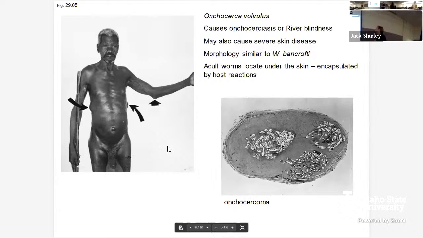Onchocerca volvulus causes river blindness. And I thought to myself, how can we talk about loiasis, the eye worm, and not talk about river blindness, another nematode infection? So this Onchocerca volvulus is another roundworm.